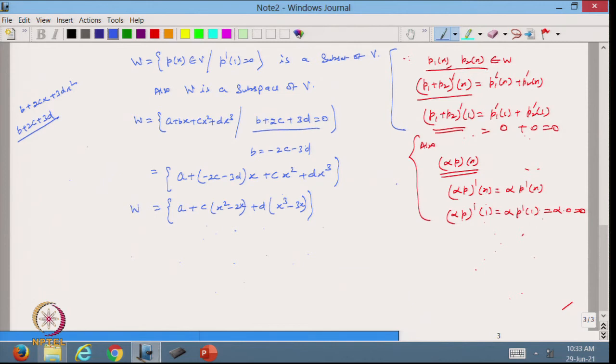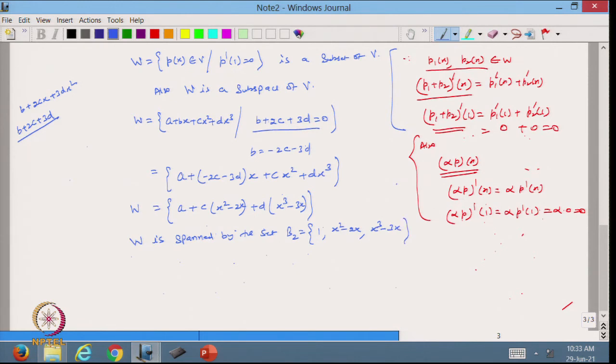Now, from here you can say that W is spanned by the set, so I call it B2, spanned by the set 1, x square minus 2x, x cube minus 3x.